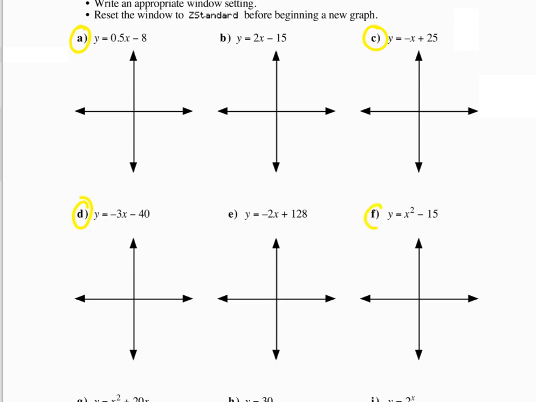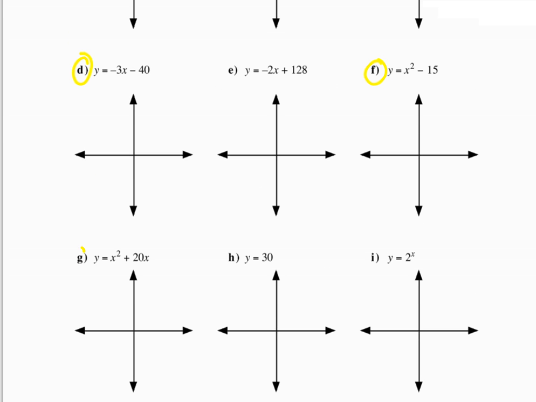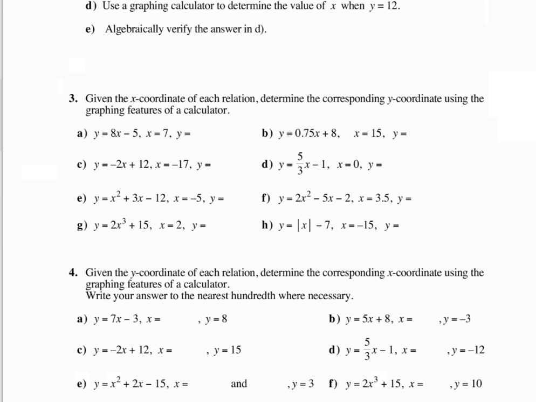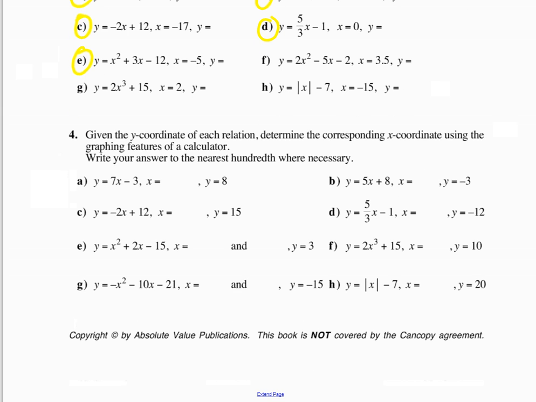D, F, and G. Okay, and then number 2, 3, A, B, C, D, and E. So not F, G, or H. 4 is A, B, C, and E. Okay.